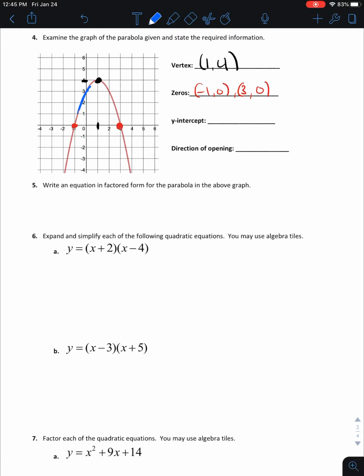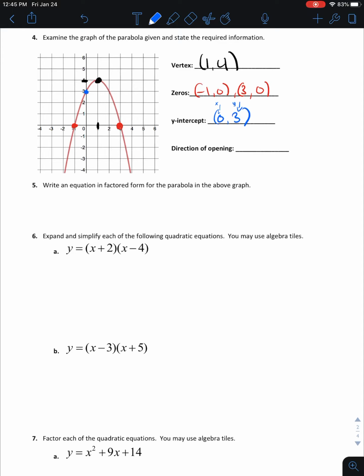Y-intercept's pretty easy. It's where the graph crosses the y-axis, which occurs when x is equal to 0. You'll see horizontally, side to side, I'm at 0. So I get to read up where the graph crosses the y-axis, and it turns out it crosses right here at 0, 3. So there's your y-intercept.